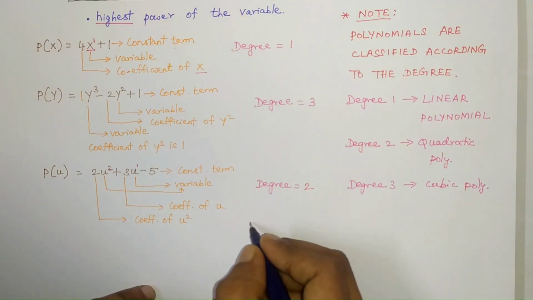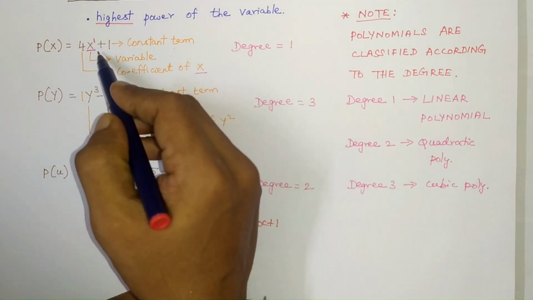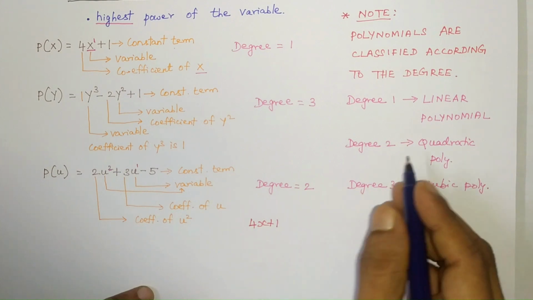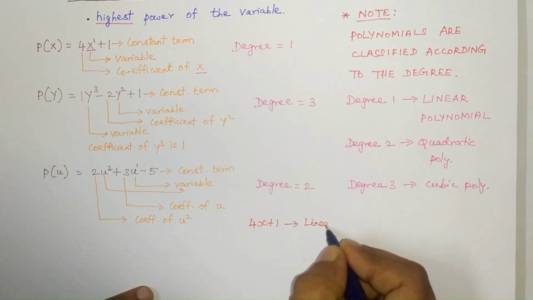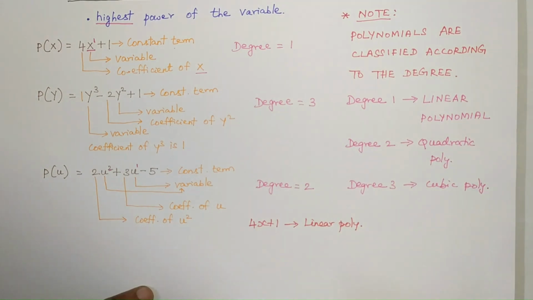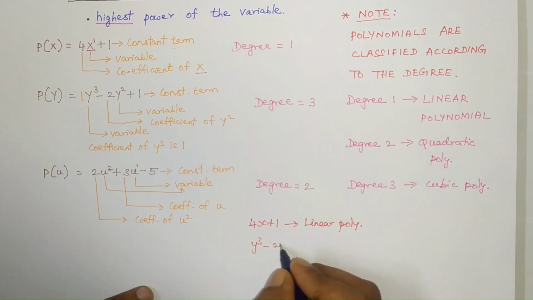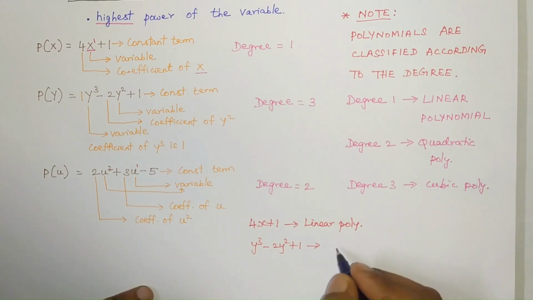Okay. So now what is 4x plus 1? Whether this is a linear, quadratic or cubic polynomial, this is a linear polynomial. And then the second one, y cube minus 2y square plus 1. What about this? This is a cubic polynomial.